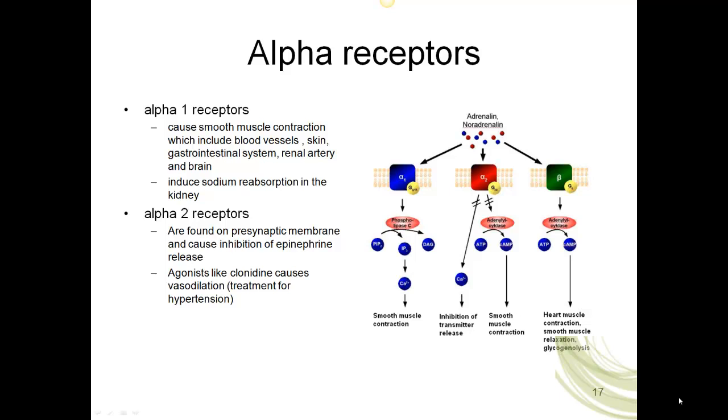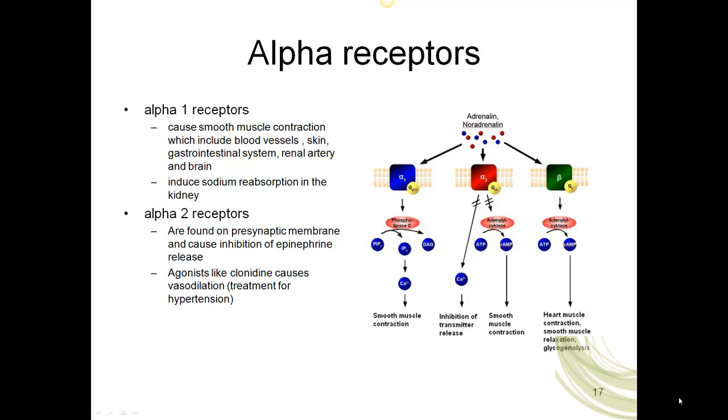That neuron releasing those adrenergic neurotransmitters has alpha 2 receptors on the terminal bouton. The norepinephrine, epinephrine can diffuse backwards and bind to those alpha 2 receptors. And when they are stimulated, they will cause inhibition of any further release of those adrenergic signals.